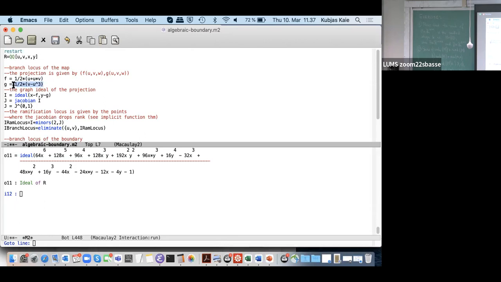We discussed there are two different kinds of boundaries, one coming from the folding of the map and the other coming from the boundary of the unit wall.